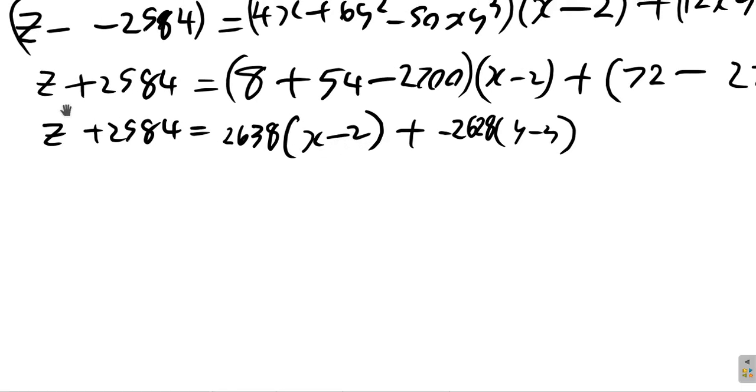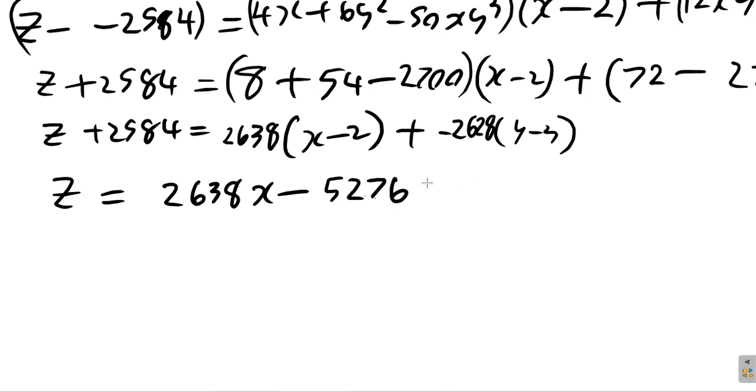So z equals, multiply out the brackets, negative 2638x minus 2638 times 2 is 5276, minus 2628y plus 2628 times 3 gives us 7884.